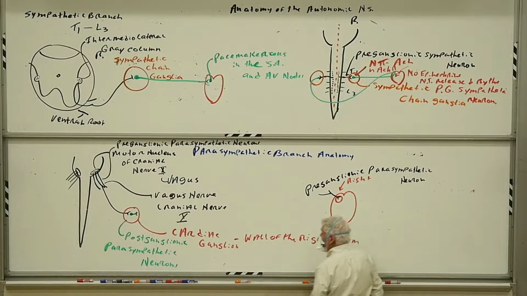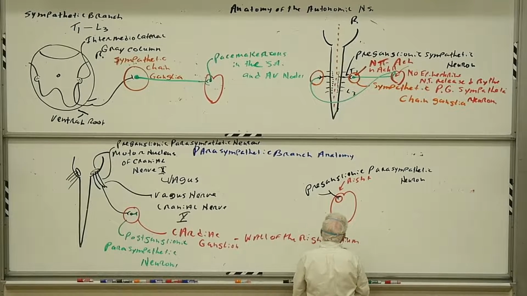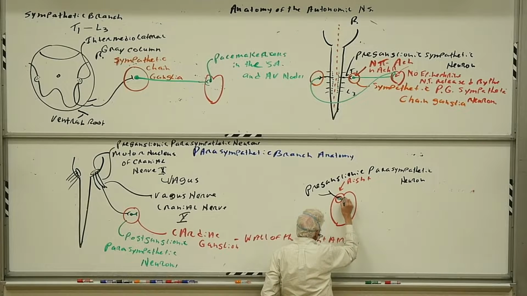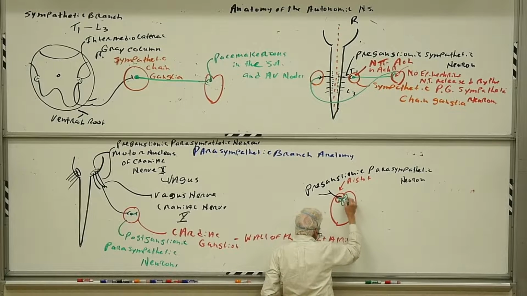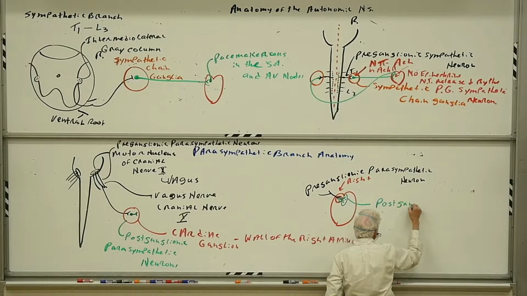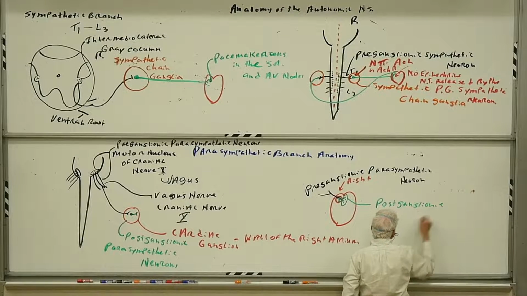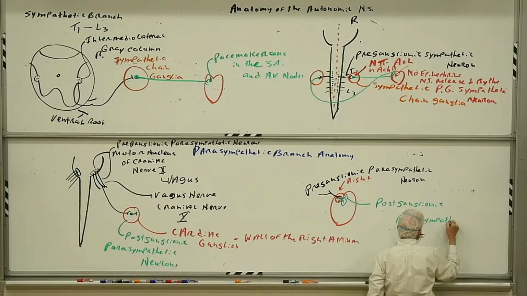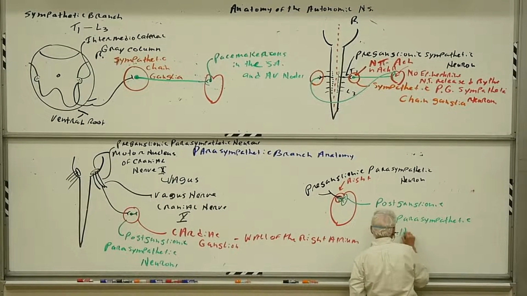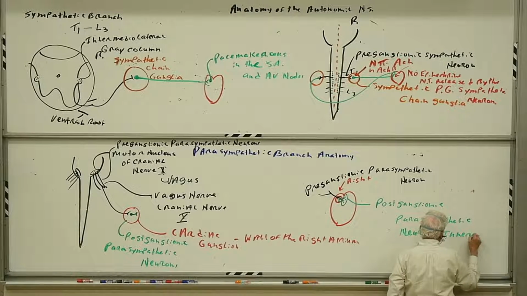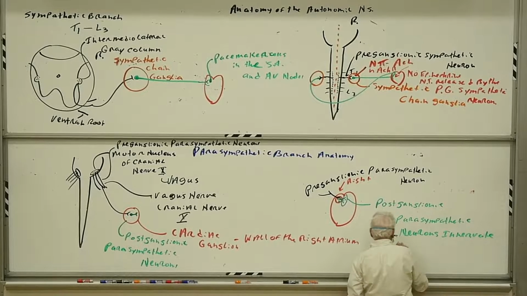But then the postganglionic neuron, which we're going to put in green, has its cell body in this cardiac ganglion in red, but it sends out fairly short processes. And these will now innervate the pacemaker cells.